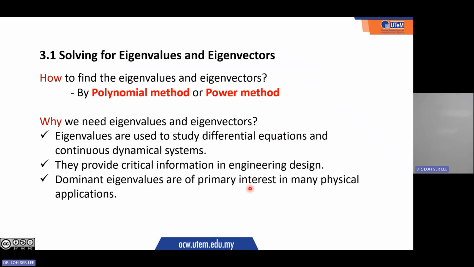They want only the dominant eigenvalue, because in real-life problems the size of the matrix is very huge. It is impossible for us to find all the eigenvalues from that kind of matrix. Normally the dominant eigenvalue provides the critical information, so we just find the dominant one by using the power method.